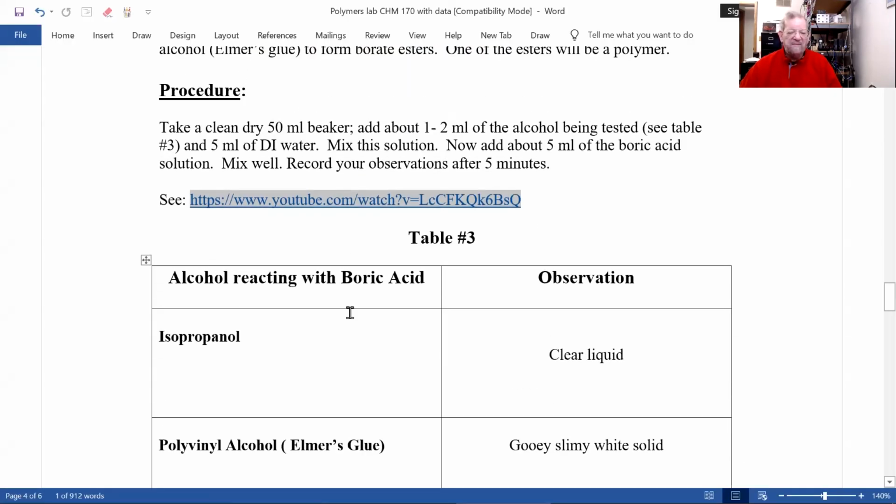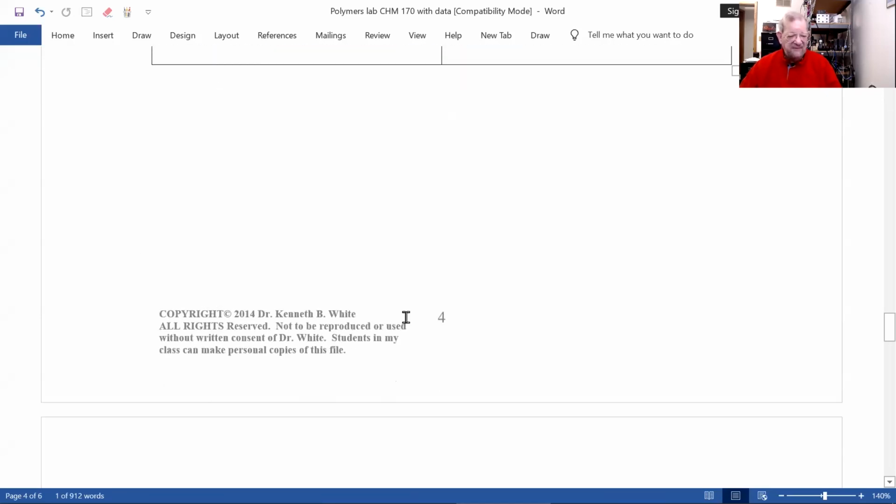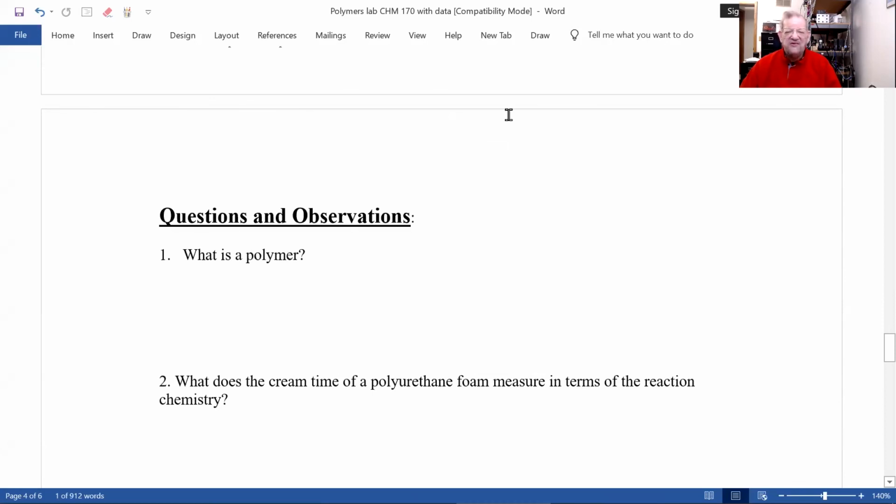And for this lab, like we said, you'll be using isopropanol here. And then you have a bunch of questions to ask. And that's today's lab. I bet you never thought I'd get into monster slime.